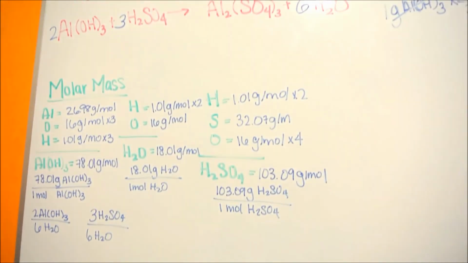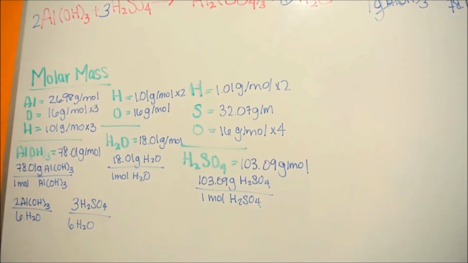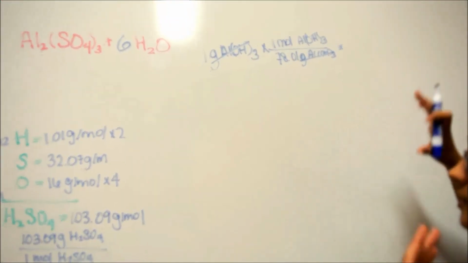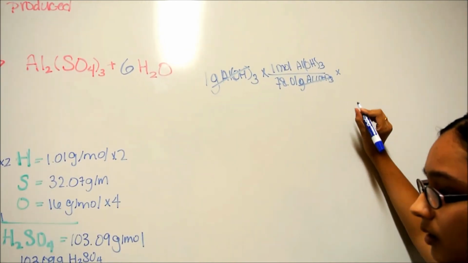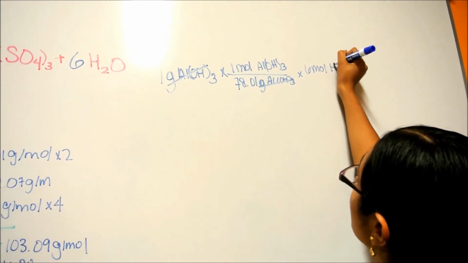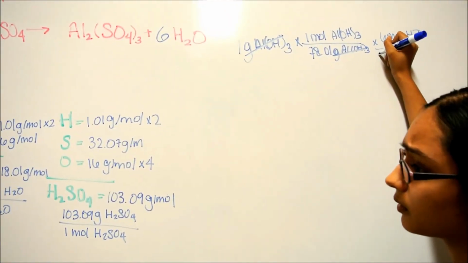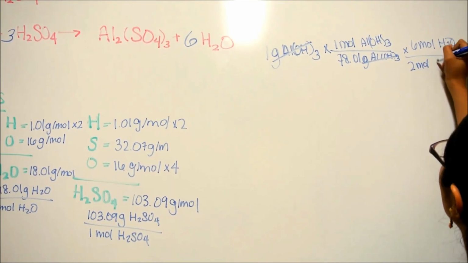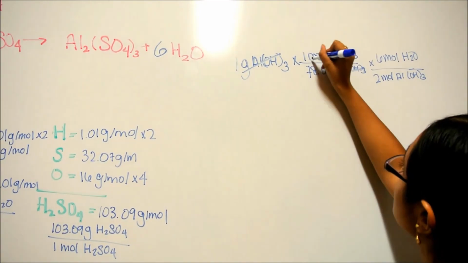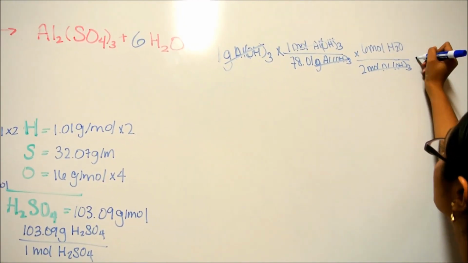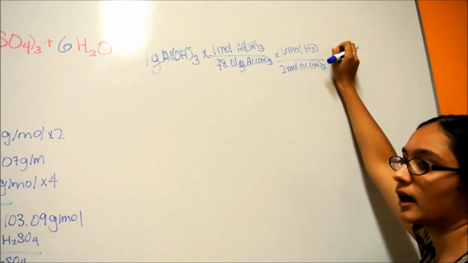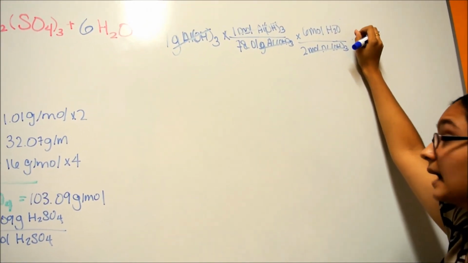Now I'm going to use my mole ratio to turn this into moles of water. So that's going to be 6 moles of water for every 2 moles of aluminum hydroxide. So now these will cancel, and I have my answer in moles of water, and I'm going to have to turn that into grams since they're asking for the mass.